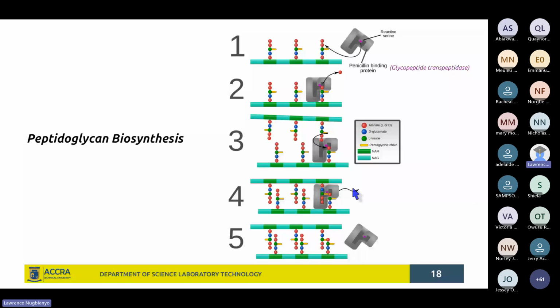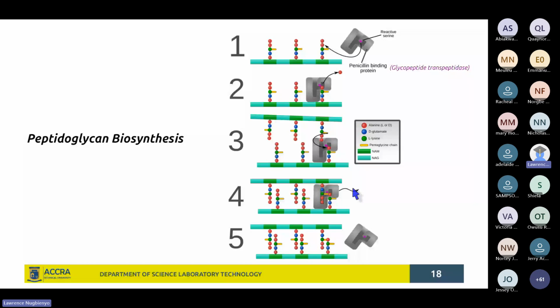Once synthesis of peptidoglycan is inhibited, there won't be a cell wall for the bacteria. The bacteria cannot synthesize its cell wall, and once there's no cell wall, the bacteria is not protected, and it will result in its death.